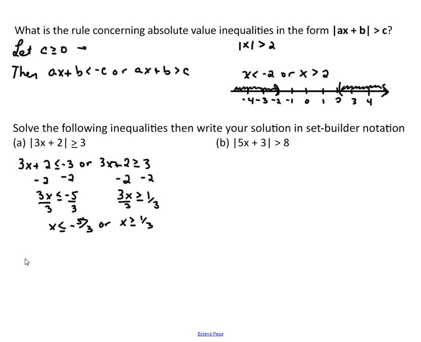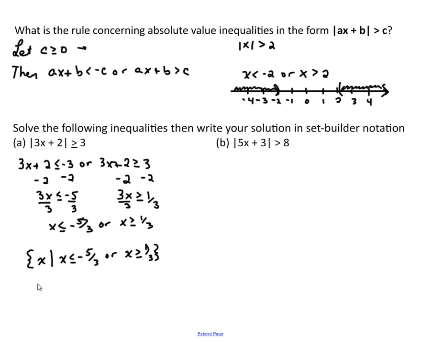Okay? In set builder notation, we can use the word or there. We can write the set of all x such that x is less than or equal to negative 5/3, or x is greater than or equal to positive 1/3. Both act as equivalent solutions to this inequality.